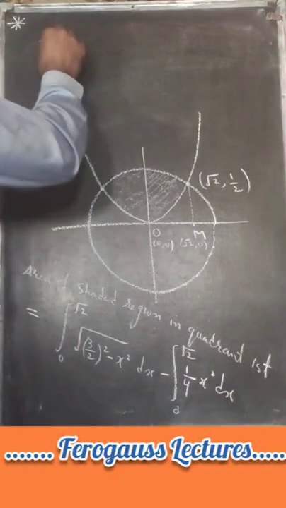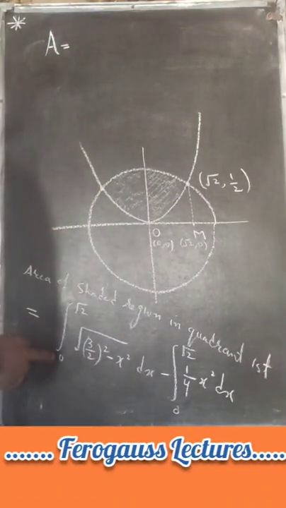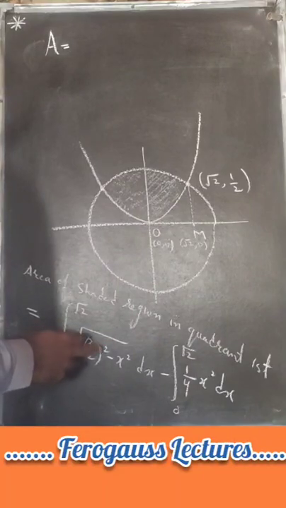Now we can write A is equal to the integral from 0 to square root of 2 of square root of (3/2)² minus x².